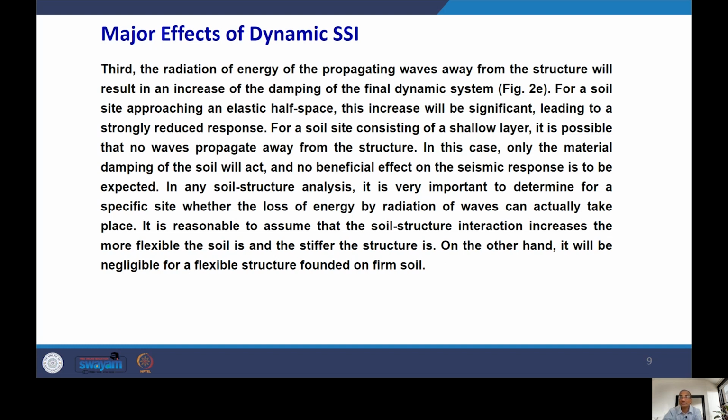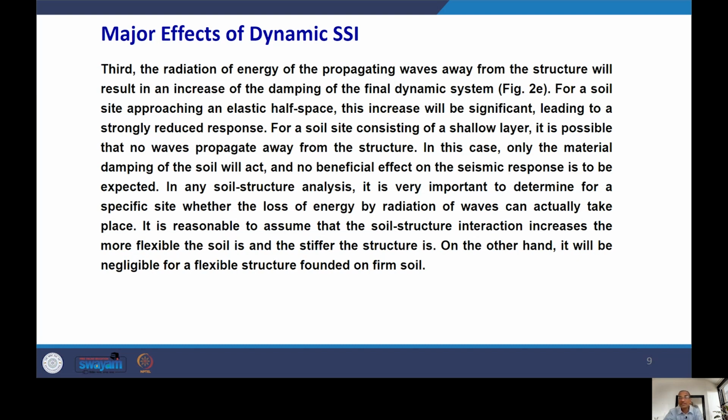For a soil site consisting of a shallow layer, it is possible that no waves propagate away from the structure. If you have a site with only a few layers, or the thickness of the layers is very small, that means the soil cover is very small. In that case, this increase in damping may not be significant, and only the material damping of the soil will act, and no beneficial effect on the seismic response is to be expected.